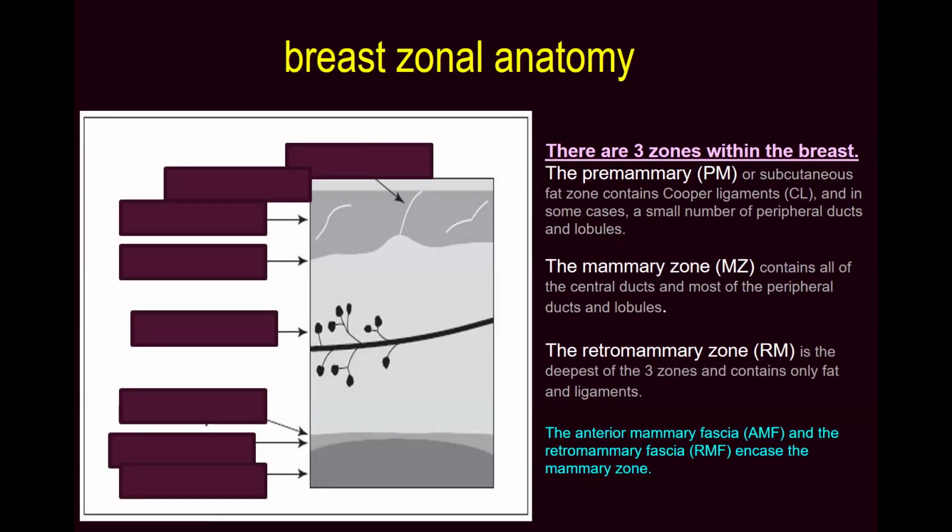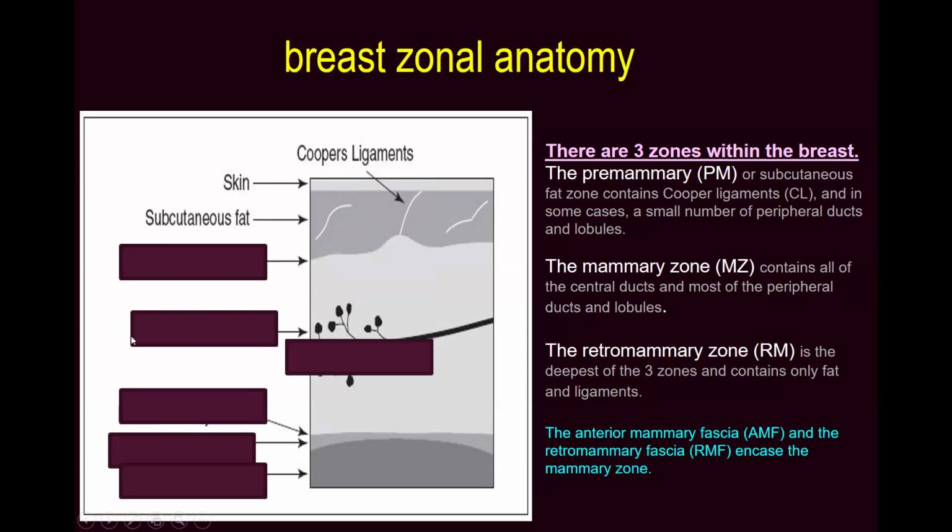Okay, let us see the zonal anatomy in these illustrations one by one. As you know, the first, superficial layer is the skin. Beyond the skin, immediately, we have the subcutaneous fat, which represents the pre-mammary zone.